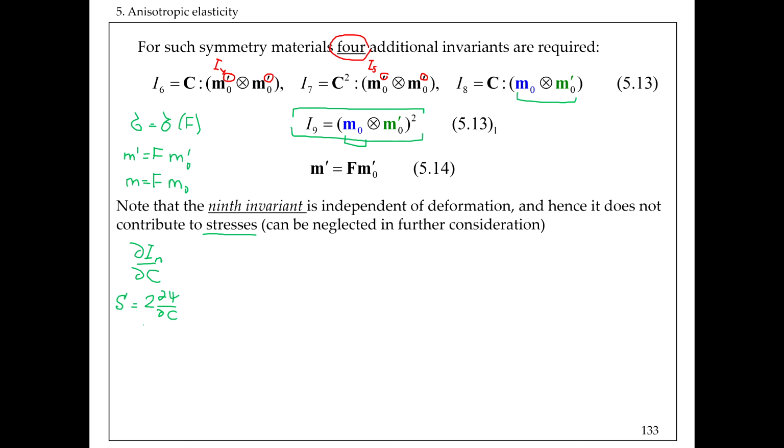So we have the derivative of the energy function with respect to the invariants, which we can specify, and that will be our constitutive law, and then we just need to substitute these derivatives of the invariants with respect to C. This is our usual drill that we already did. But here of course we have additional new invariants that we need to deal with.